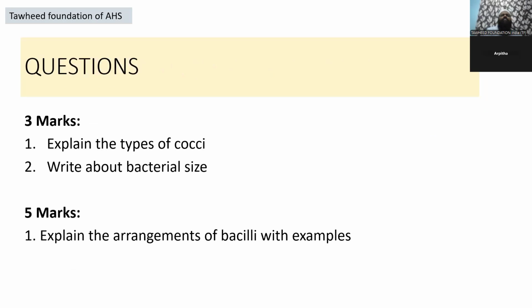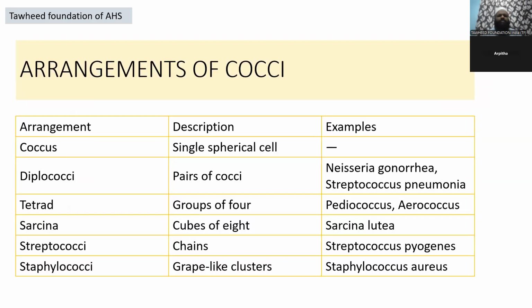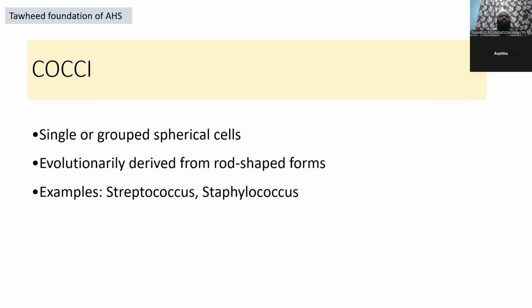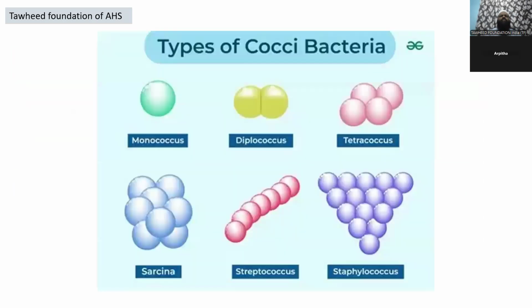A question that arises from this topic is: explain the types of cocci. For this, you have to say that cocci is a spherical-shaped organism. You have to explain the characteristics of cocci and the arrangements of cocci like monococcus, diplococcus, tetracoccus, that is of four.